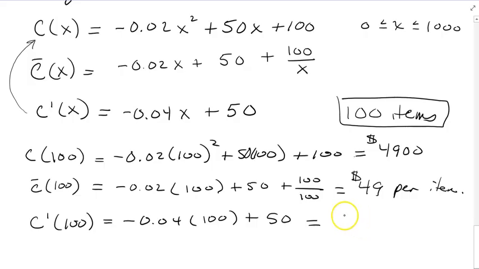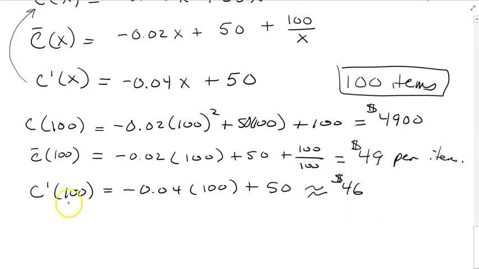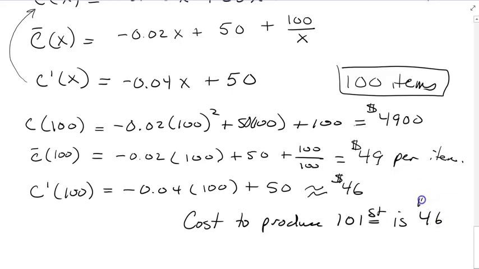I just lost that on my calculator, but I'm going to put approximately $46. So when you find this, it means the cost to produce the 101st item is about $46. That's what we mean by marginal cost.